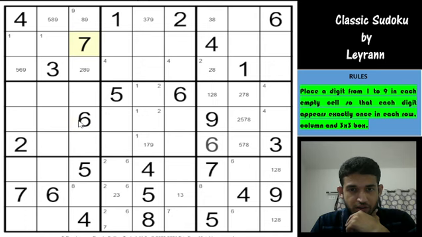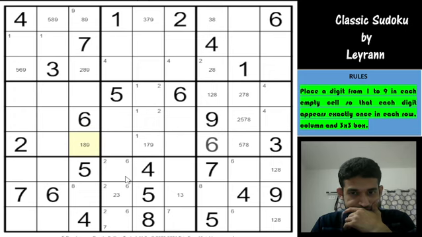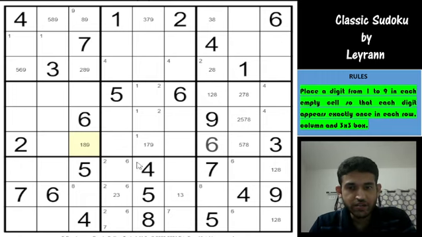Okay, 5, 6, 7, 4 and 2 and 3, so this has to be 1, 8 and 9. Okay, so look at this deduction, guys. I'm going to highlight the cells which are taking center stage here.